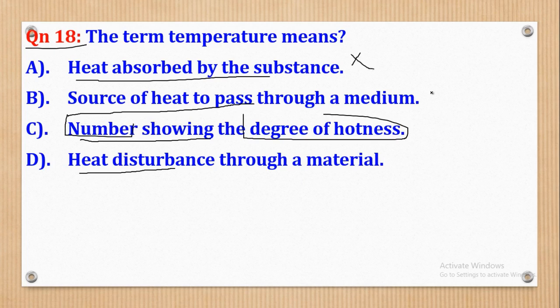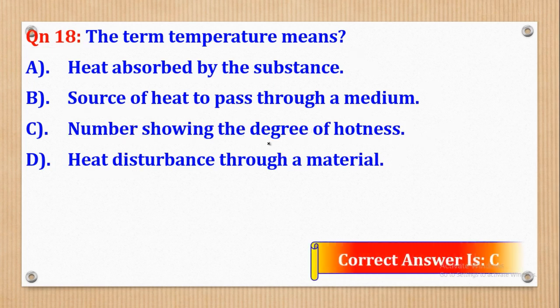So this is not okay, this is not okay, and this is not okay. The only option which is okay is that, because we know that temperature is a number showing the degree of hotness or coldness on a given scale of an object. So the correct option is option C.